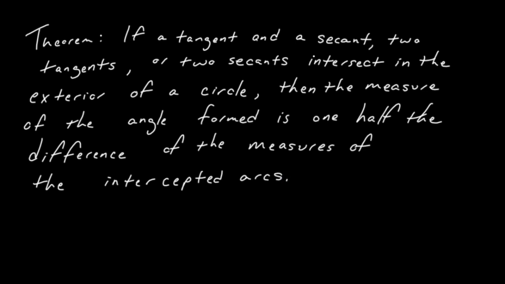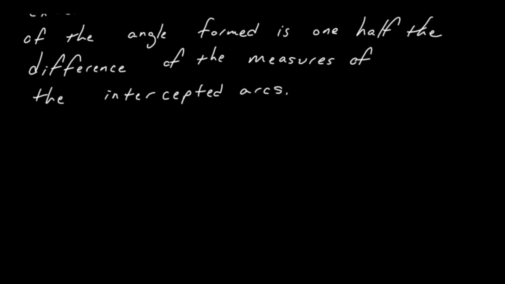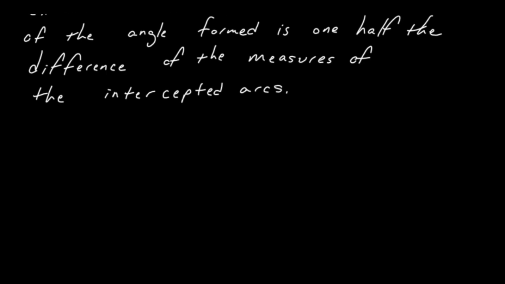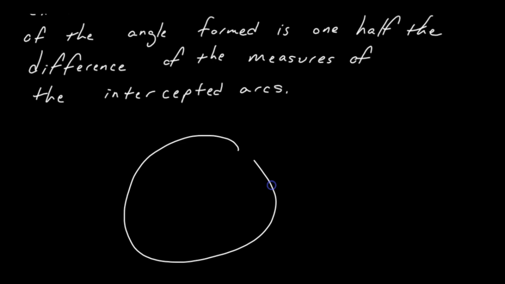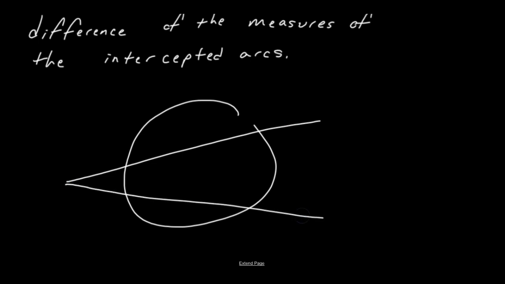Alright, let's get a good visual here of this one. So if I give you this big circle here, and we'll throw a couple of lines down that cross outside the circle. Let's make that slightly different here. Alright, there we go.